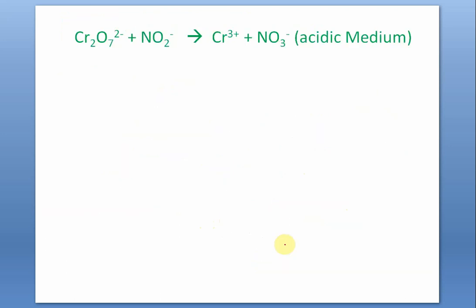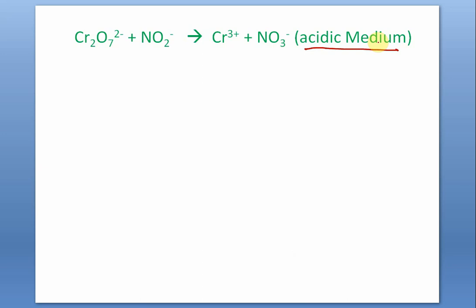Let us take up another example together, you and me. You can pause the video and do it on your own. Then you tally, match with my working. Now this is an acidic medium. It is written that it is an acidic medium. So nowhere H plus ion and water have been given.